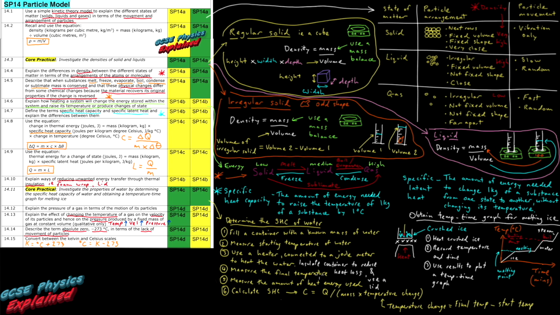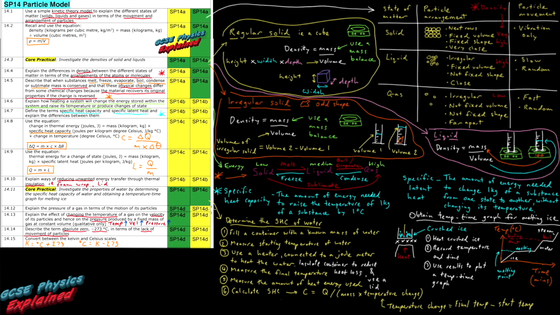Measure the final temperature of the water. Measure the amount of heat energy used. And then calculate the specific heat capacity by using c equals Q divided by mass times temperature change. The temperature change will be the final temperature take away the temperature at the start. I've got a nice little video all to do with that. Definitely recommend you watch it.